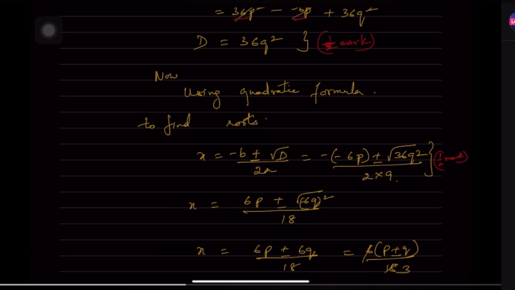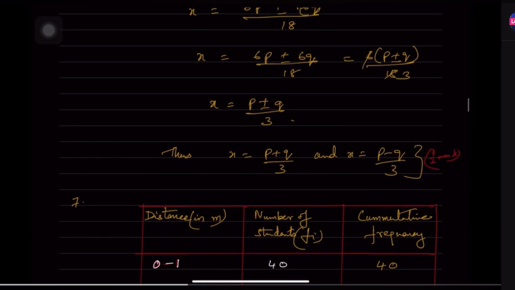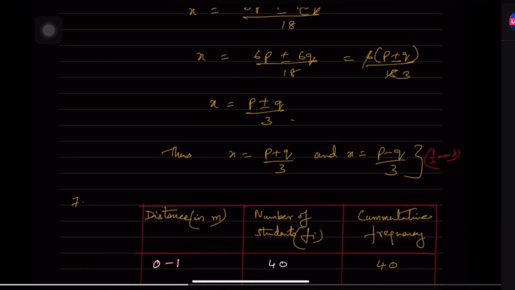So you can write it as 6p plus or minus 6q by 18. So remove 6 common, 6 ones are 6, 6 threes are 18, you are getting x is equal to (p plus or minus q) by 3. Thus x is equal to (p plus q) by 3 and x is equal to (p minus q) by 3. For this we are having one more half mark.